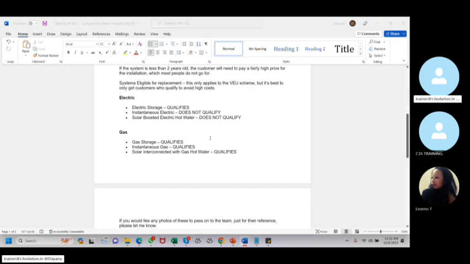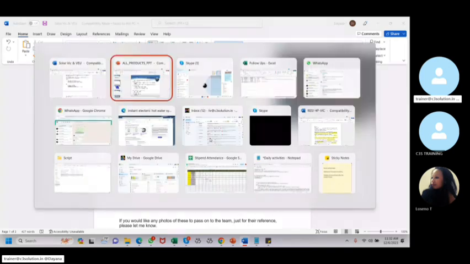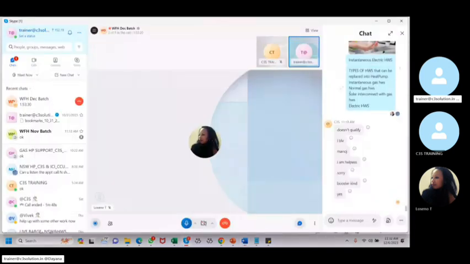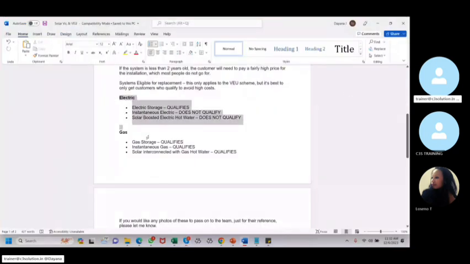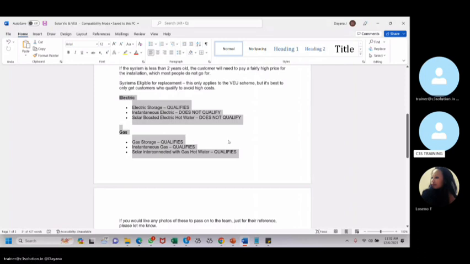Coming to this one. This one makes you guys very confused. Ma'am, I have one doubt. Yes. What is the difference between electric storage and instant electric? Why does it not qualify, and the electric storage is qualified?